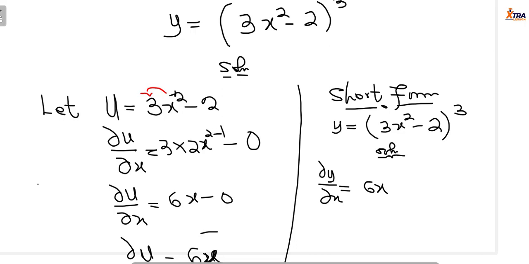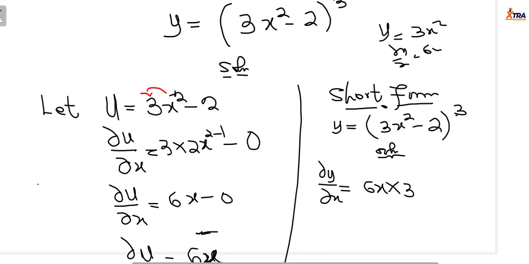Now this 3 will come down, times 3. You differentiate this. It's just like having y equals 3x squared, so differentiating it, we have dy over dx equals 6x. You are differentiating with respect to x, so we have 6x.